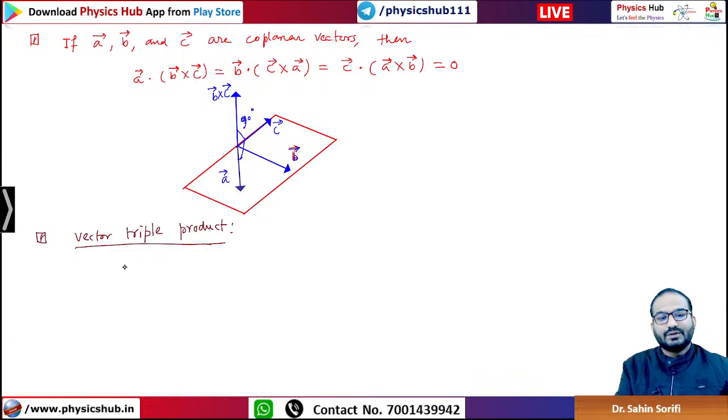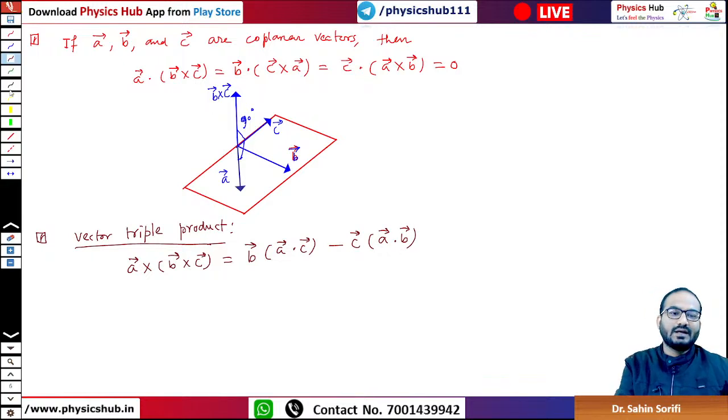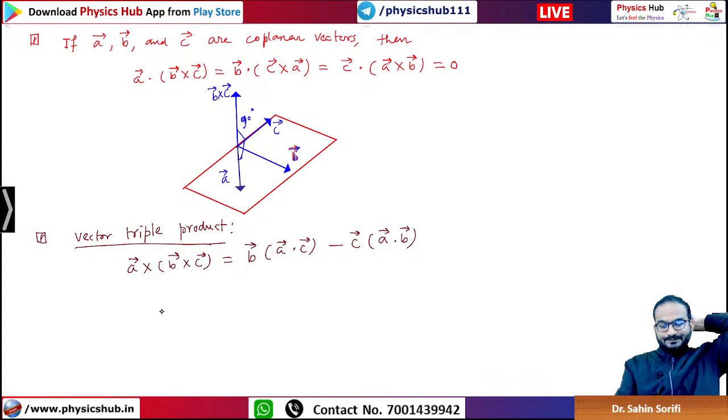So the vector triple product of 3 vectors A, B, C is defined as A cross B cross C. This is the usual formula: B times A dot C minus C times A dot B. This is the formula we have for vector triple product.